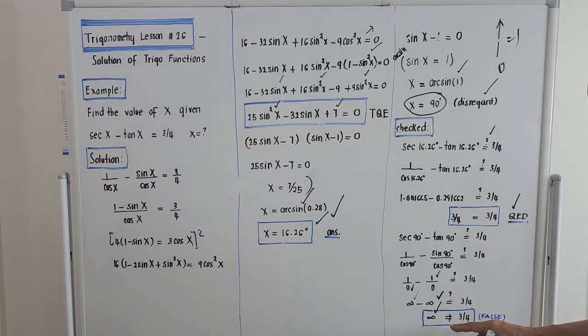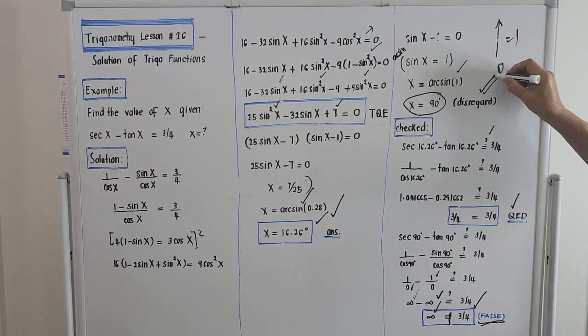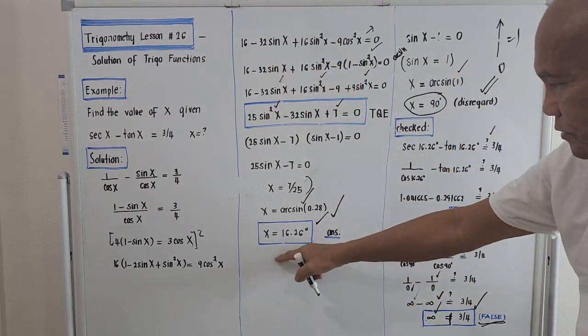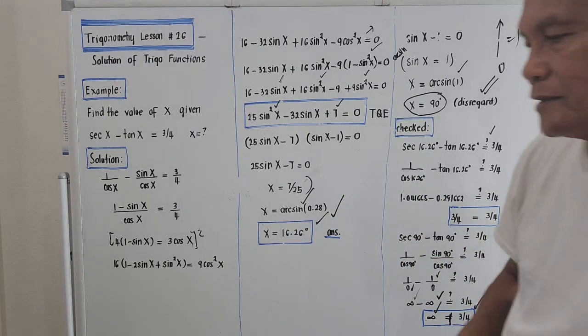And this is not equal. I will now place the not equal sign. Not equal to 3/4, so this is false. So x equal to 90 degrees should be disregarded, and the only correct solution for the given trigo function is x equal to 16.26 degrees. Okay, that's it, guys.